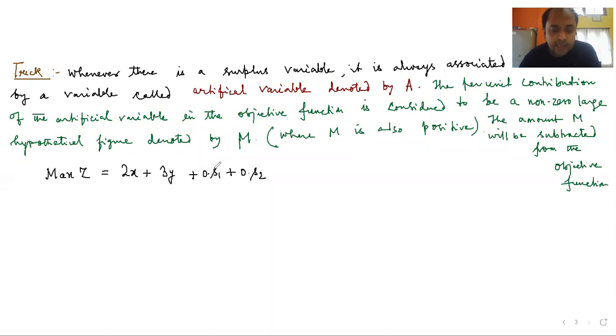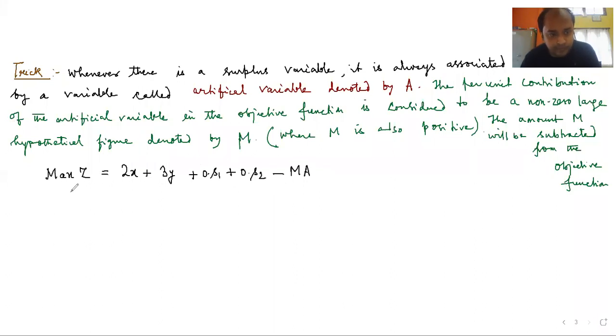So here I'm adding the per unit contribution plus 0 S1 plus 0 S2. But in case of an artificial variable, it will be subtracted like this. So that's why I'm writing minus M into A. Try to read the paragraph and try to correlate what I've written over here.